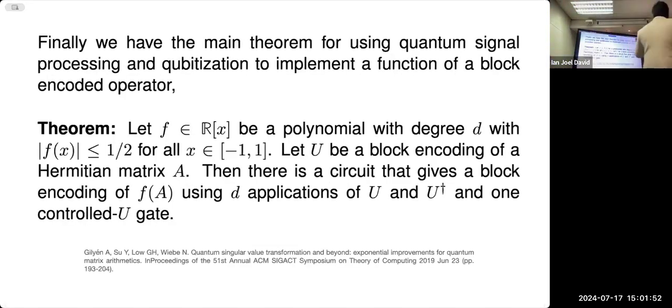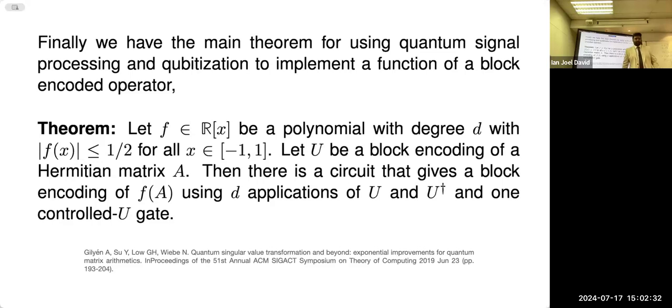And then finally, this is just the theorem that states the signal processing algorithm with qubitization: if you have any polynomial f of x with real coefficients, with a degree of d, and where the absolute value of f of x is bounded above by a half whenever x is between -1 and 1, and if we let U be a block encoding of the Hermitian matrix A as we did in the slide previously, then there is a circuit that gives a block encoding of f of A using d applications of U and U dagger and one controlled U gate.